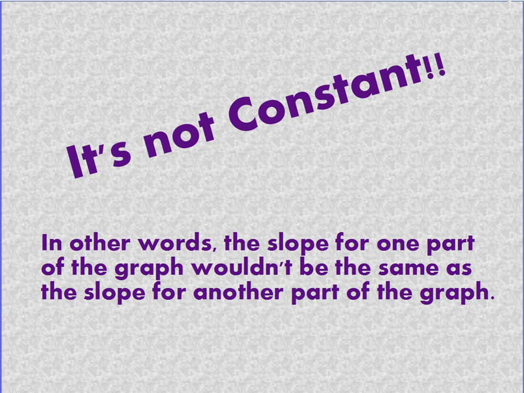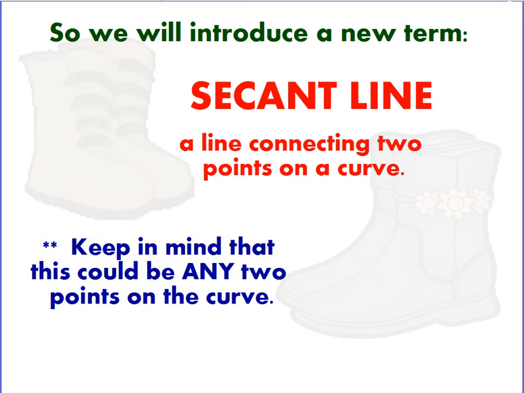Because the slopes are not as straightforward, we need to introduce a new concept called the secant line. A secant line is a line connecting 2 points on a curve that will make it easy for us to find the average rate of change for that section of graph. Let me show you what I mean.